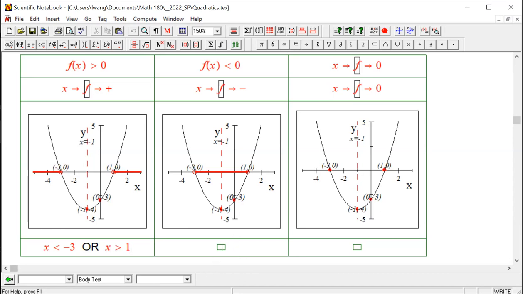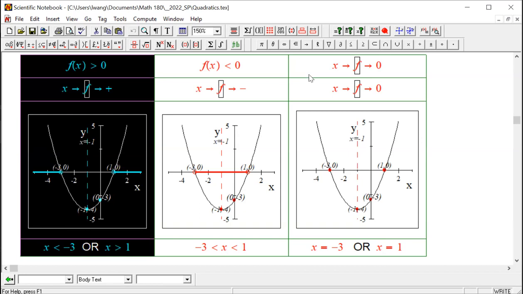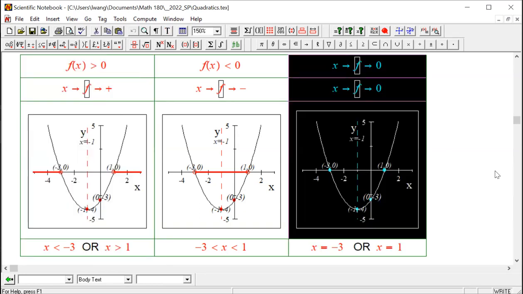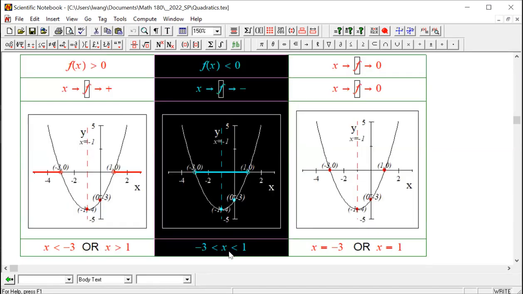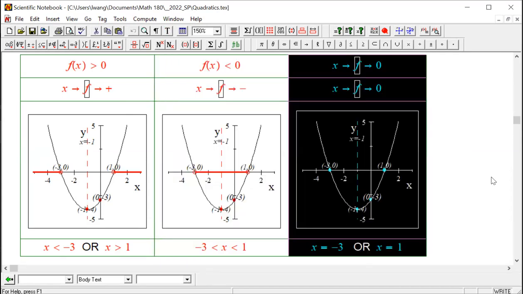In this case, -3 less than x less than 1. In this case, x equals -3 or x equals 1. So if you have greater than or equal to 0, then you have this case and that case, you get the dot. If you have less than or equal to 0, then you have this case and these two cases.